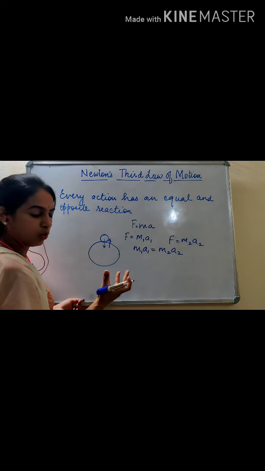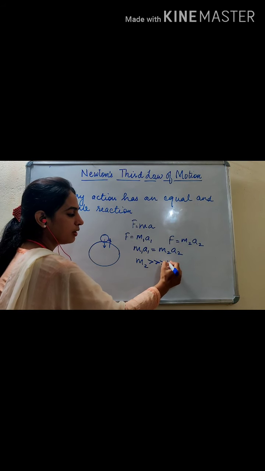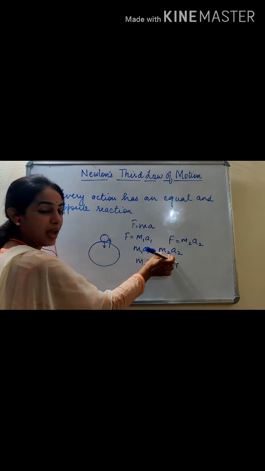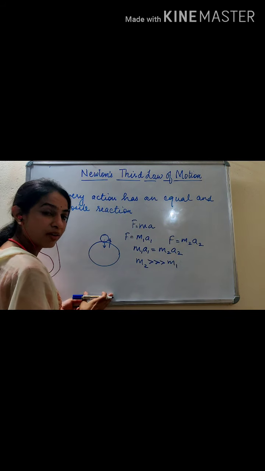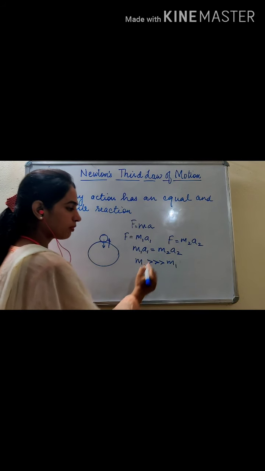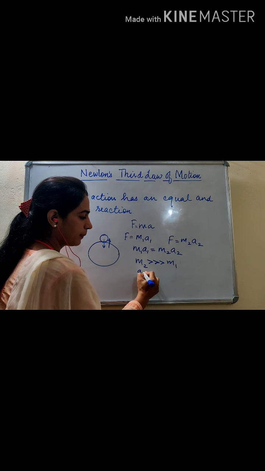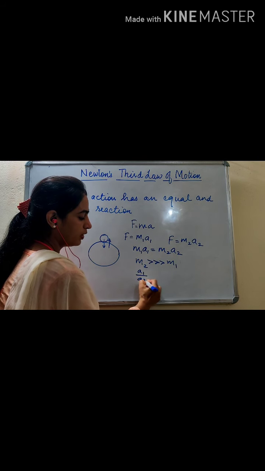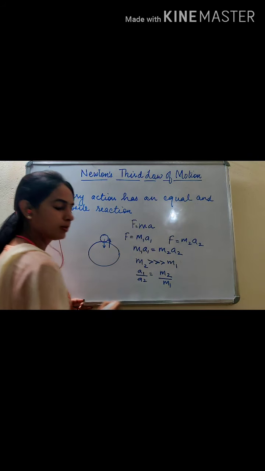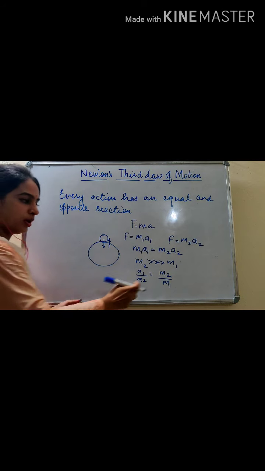Now you already know that mass of the earth is much greater than mass of the ball. That means m2 is very high compared to m1. So I can write that a1 upon a2 is equal to m2 upon m1.